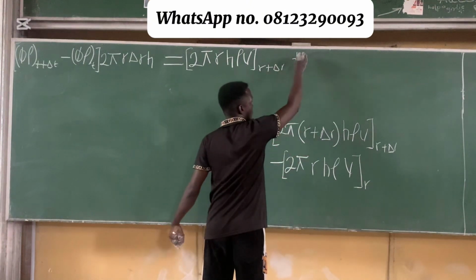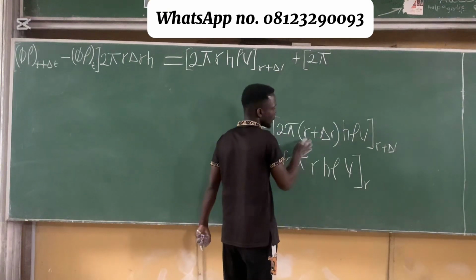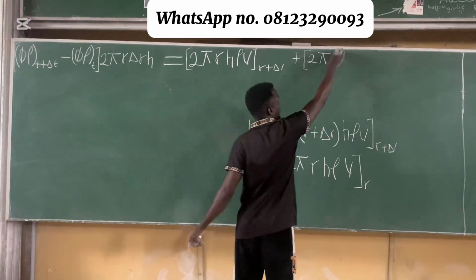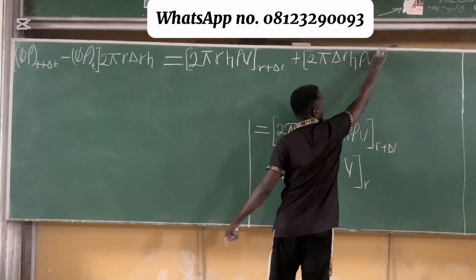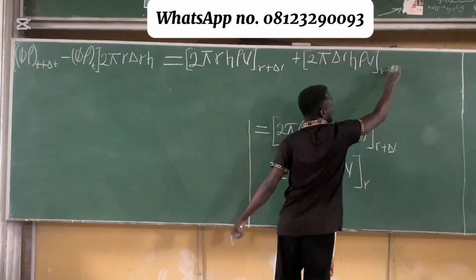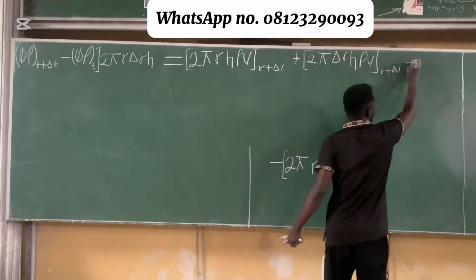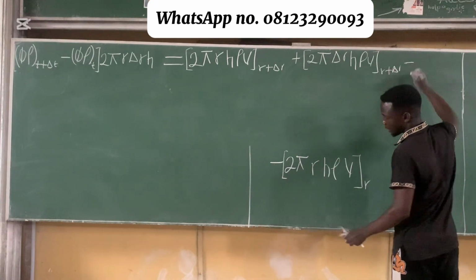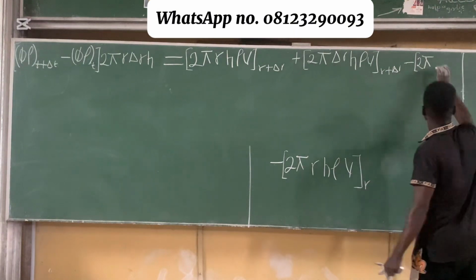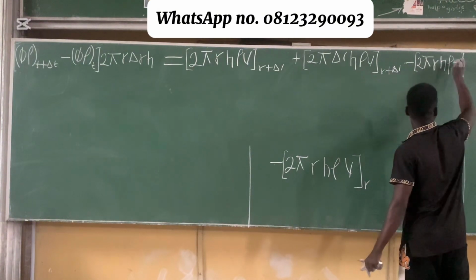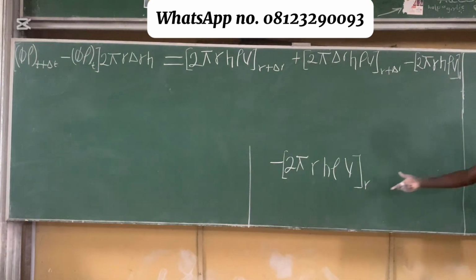So this becomes plus 2 pi delta r h rho v at r plus delta r, then minus 2 pi r h rho v at r.